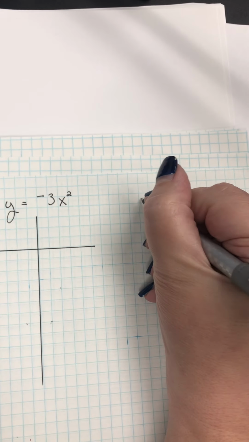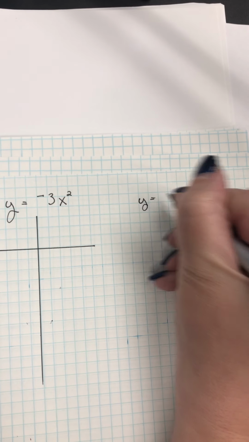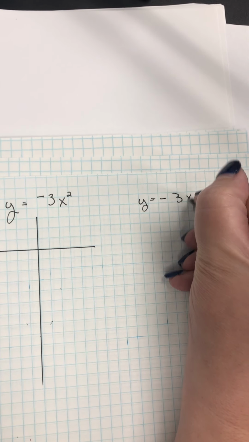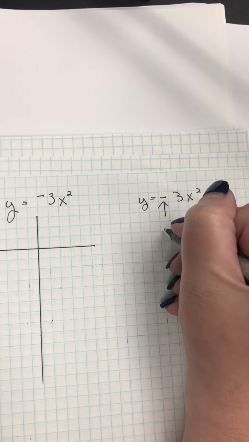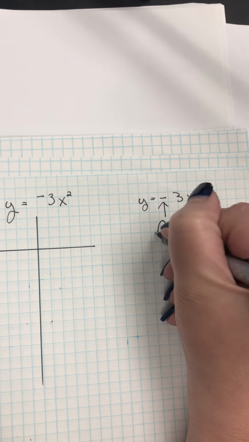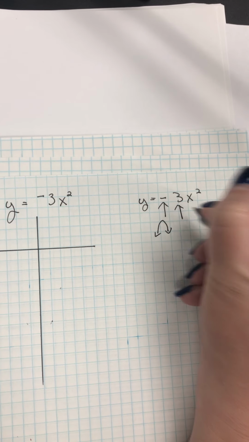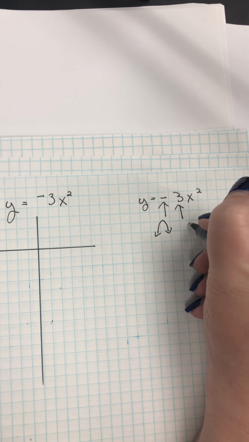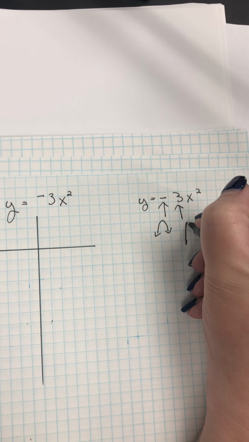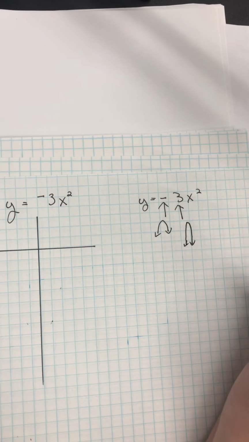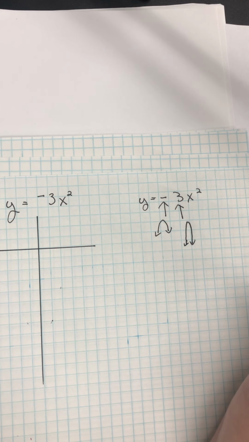So what I'm thinking is, if I have y equals -3x squared, this I'm predicting is going to make it go downward. This is a number larger than 1, so I think it's going to be a skinnier parabola than the other ones that we've done.